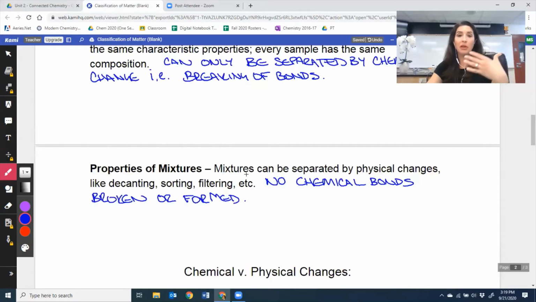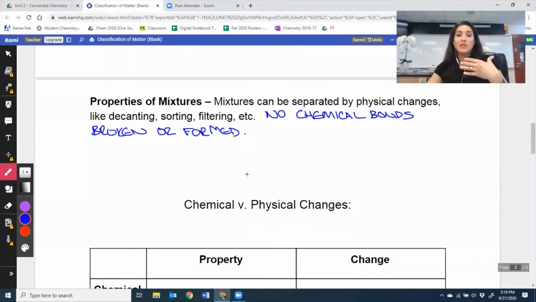So let's just compare very briefly chemical versus physical changes. We'll look at chemical properties, we'll look at chemical changes, and we'll compare them to physical properties and physical changes in this little table here.